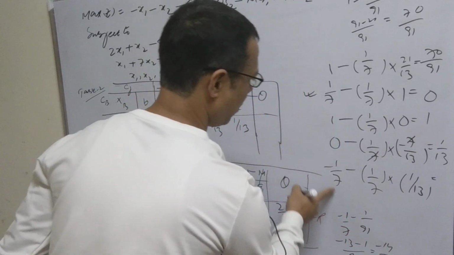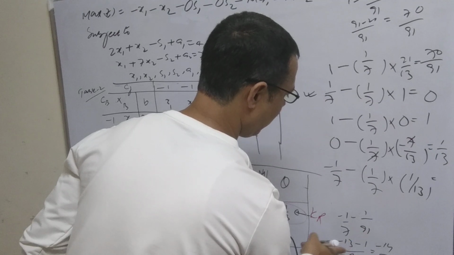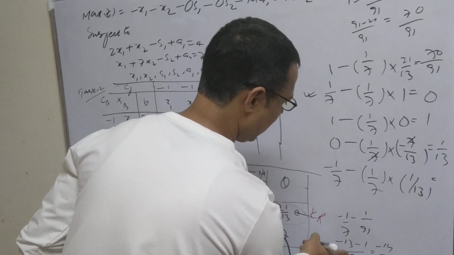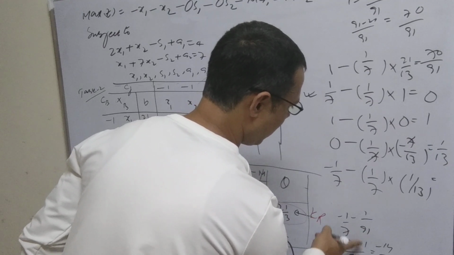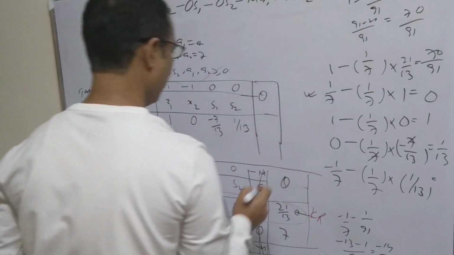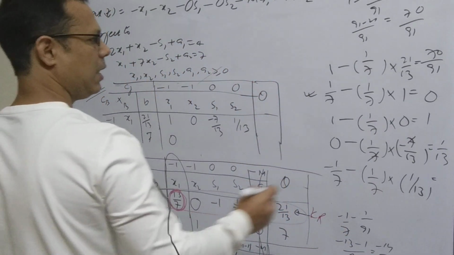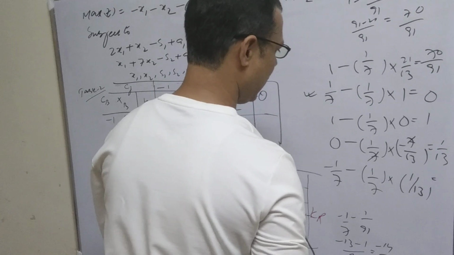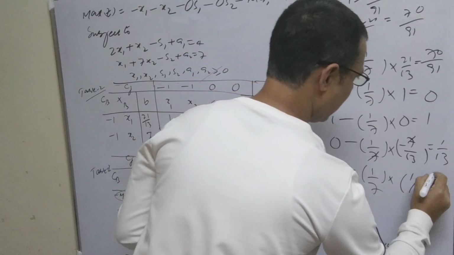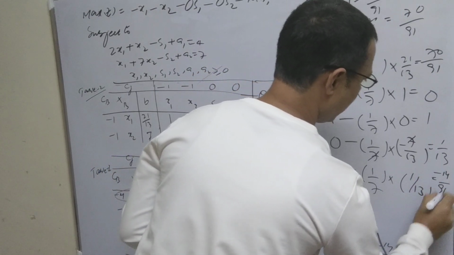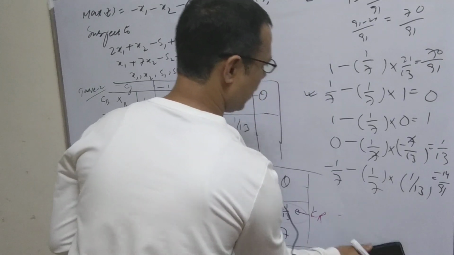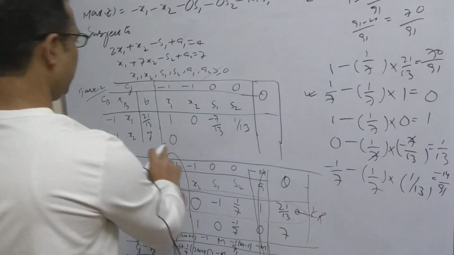Is it right? Minus 1 by 7 minus 1 by 91, so minus 13 minus 1, minus 14 by 91. Okay, so now we have got minus 14 by 91. So we may write minus 14 by 91 here. Just copy all these values in this table.